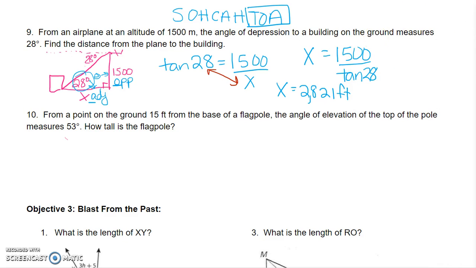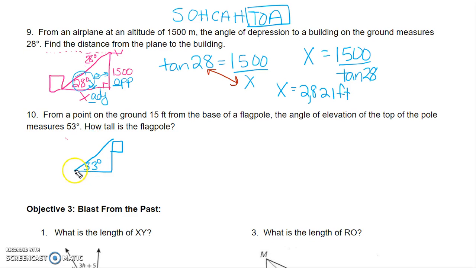Number 10. From a point on the ground, 15 feet from the base of a flagpole, the angle of elevation to the top of the pole measures 53 degrees. How tall is the flagpole?